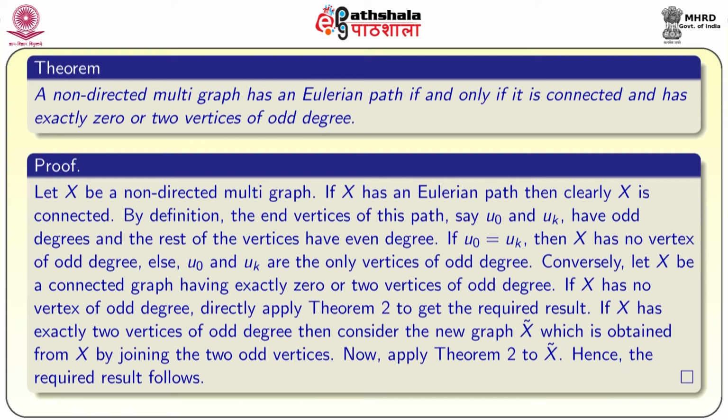If X has exactly 2 vertices of odd degree, then consider the new graph X', which is obtained from X by joining the 2 odd vertices. Now, again we apply theorem 2 to X', hence we will get the required result. So, we proved that a multigraph has an Eulerian path if and only if it has exactly 0 or 2 vertices of odd degree.